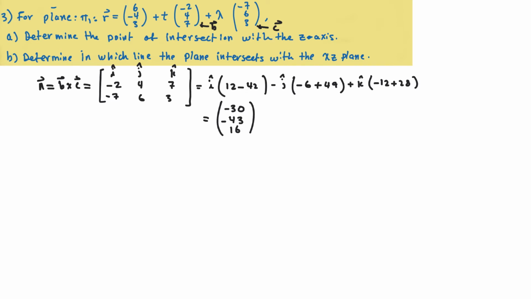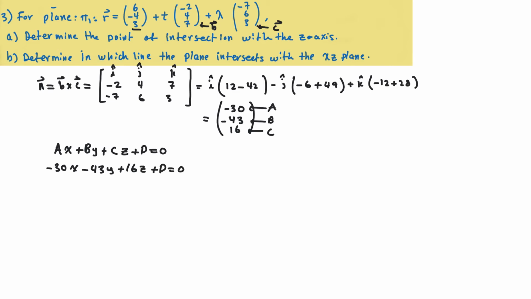Now, to find the equation of the plane, I know that this is my a value, this is my b value, and this is my c value. I cannot simplify them, so I'm going to write ax plus by plus cz plus d is equal to 0, and my a value is negative 30, b is negative 43, plus 16z plus d is equal to 0.